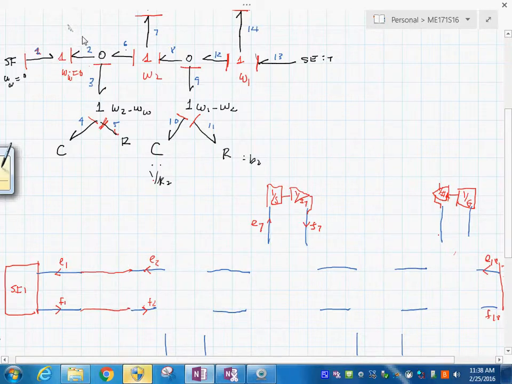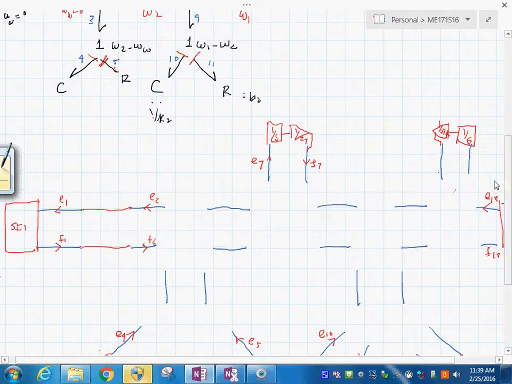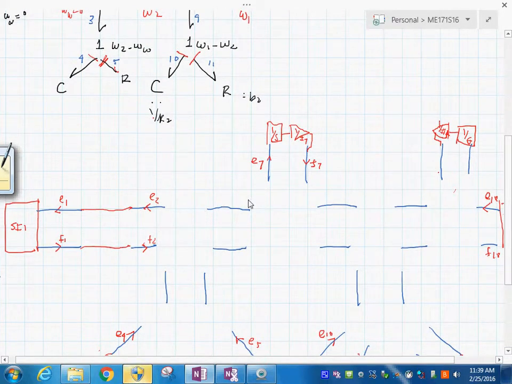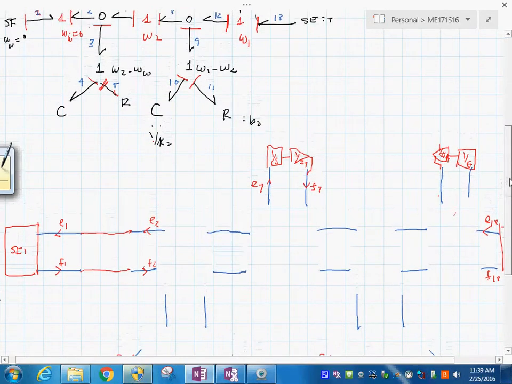So how do we connect this? All the efforts are the same, so this one needs to be a zero junction, right? Do you see this one? This is E sub 6 and F sub 6 like this.